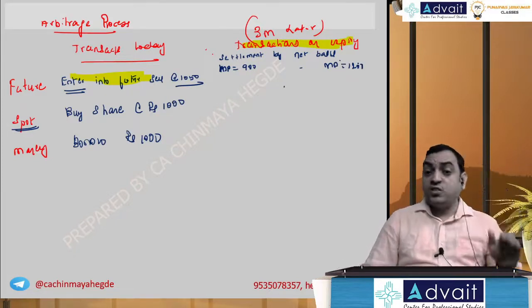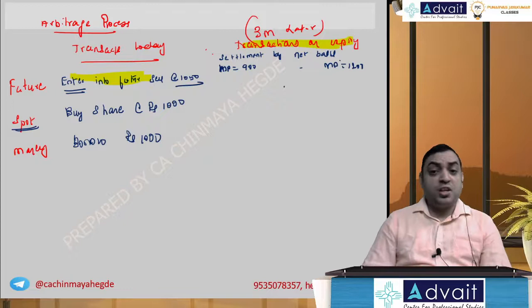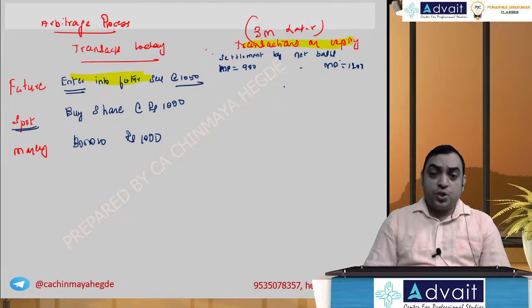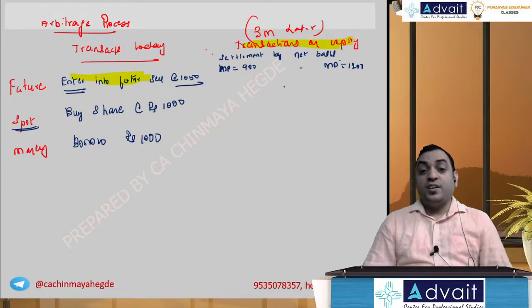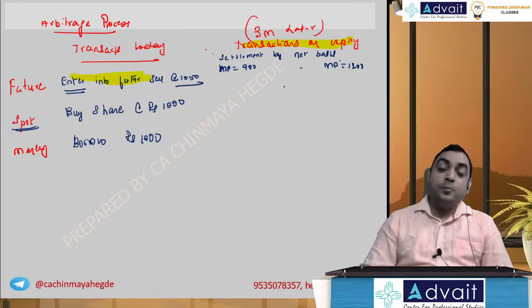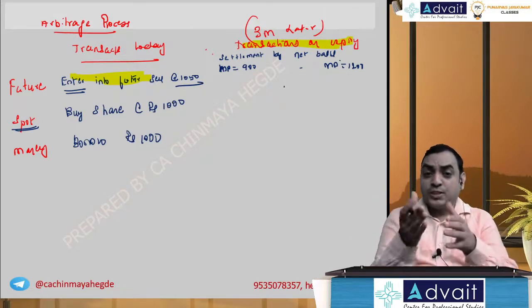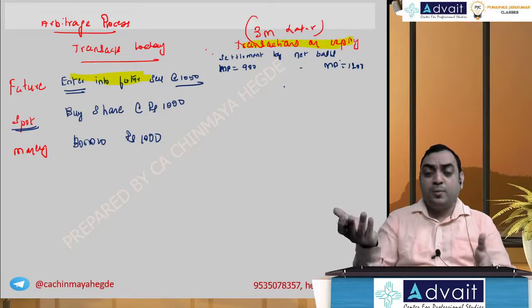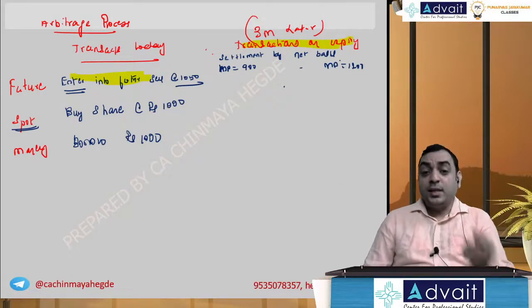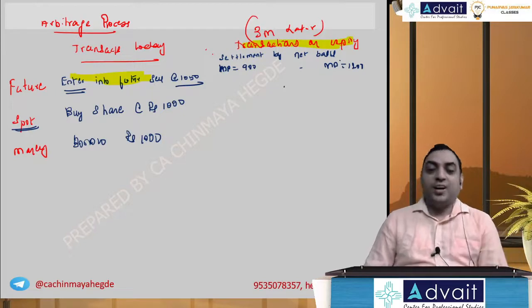Market price falls to 900 is one situation I will discuss. Market price increases to 1200 is another situation. And the best part is, in both scenarios, I am trying to prove I will get the same number. Why? Because I took one lower number, one higher number, just to prove that any number you take, our profit will remain the same. It should remain the same in arbitrage. Riskless profit, certain profit.